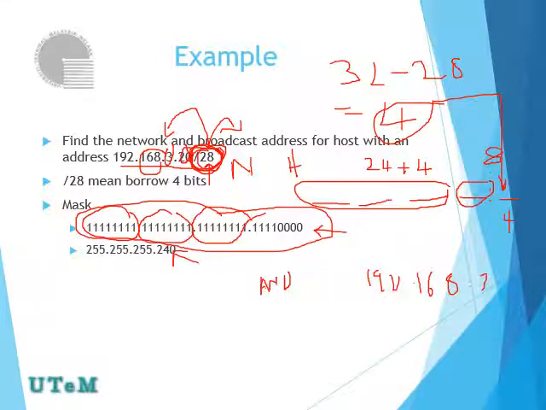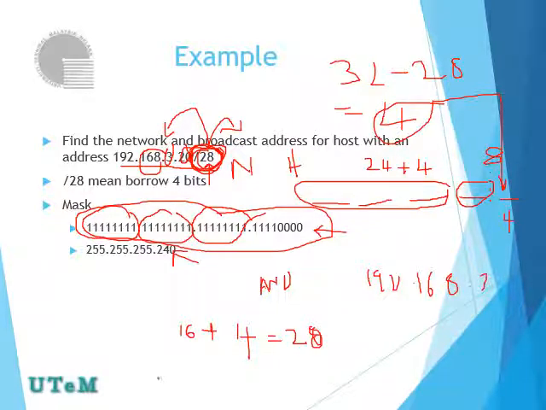20 in binary: you have 8, 4, 16, sorry. 16 plus 4 equals 20.